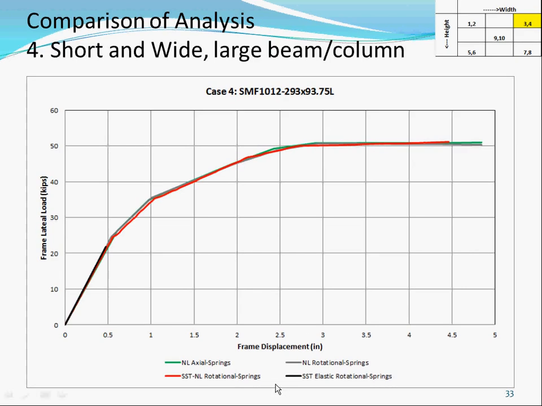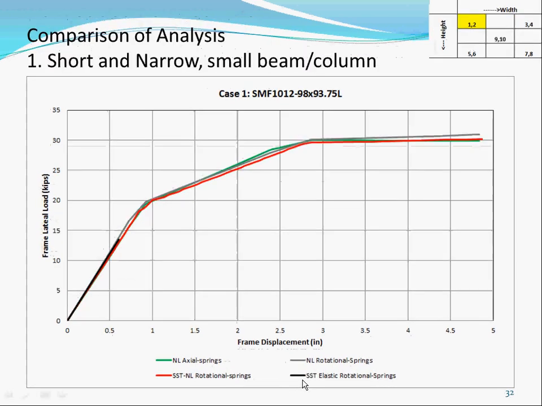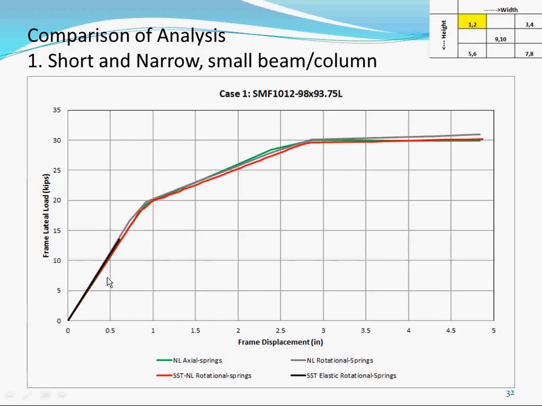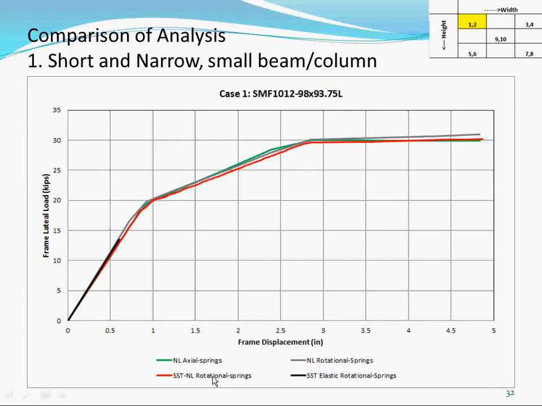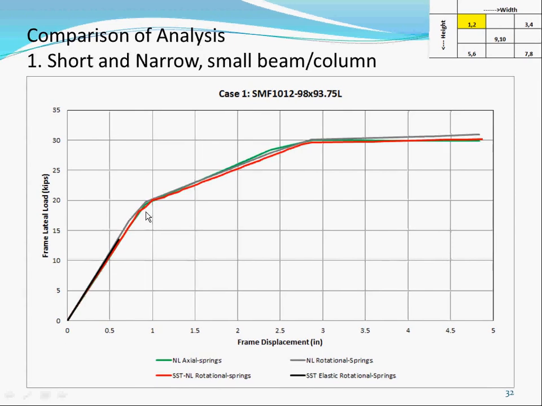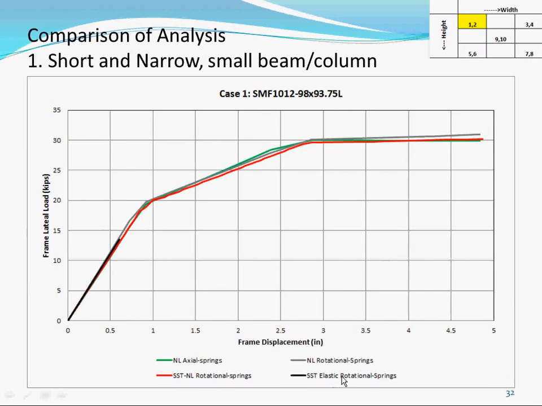And this one is, let me see, there are 4 of them here. The NL axial spring and rotational spring are in SAP, so you can see these 2 here. This one is our own. I rolled it in Excel, so with this one we could do the approximation as well if we need to. And this one is what we're doing in the software.